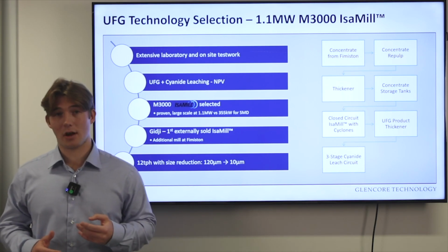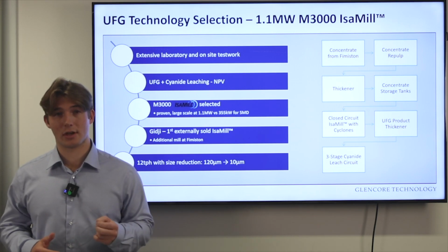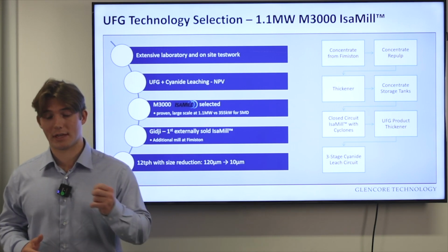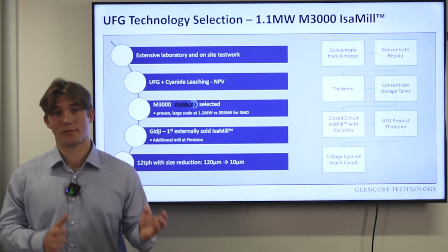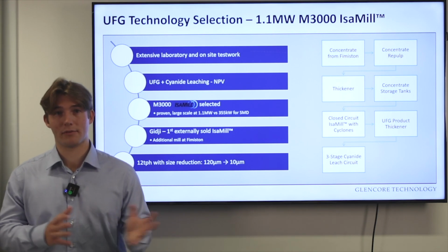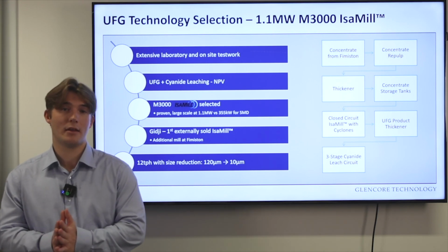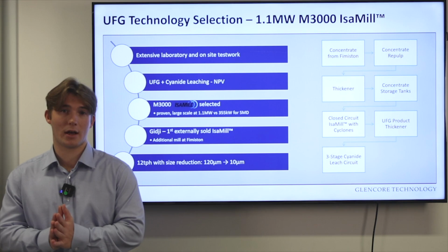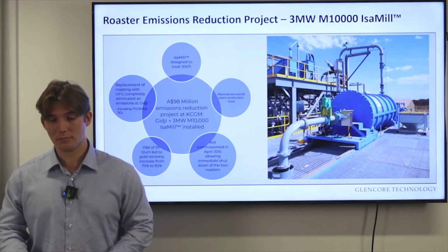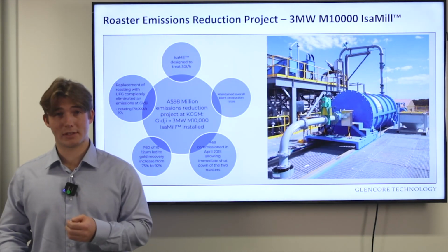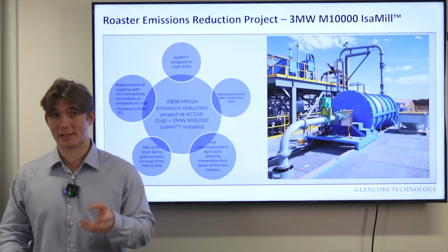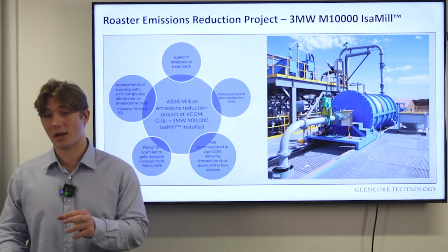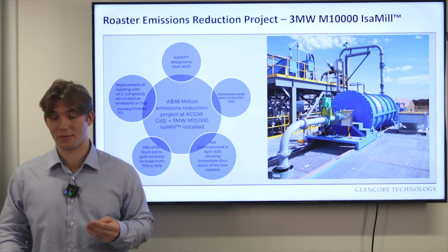The M3000 IsaMill was selected to target a size reduction of 120 micron down to 10 micron, and this provided enough of a size reduction to maintain the operating targets for the site. After the successful implementation of this M3000, a few years later, the M10000 IsaMill was also installed in 2015.